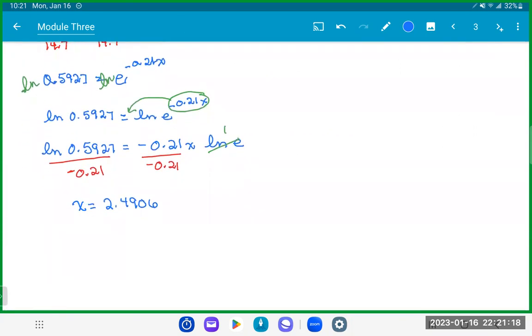So we'll take this one step further and multiply by 5,280. And we get that x is approximately 13,151.